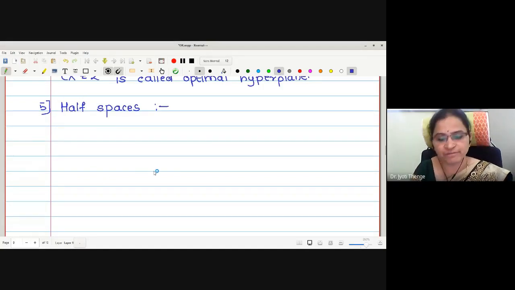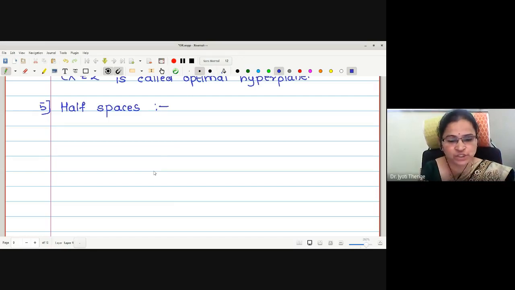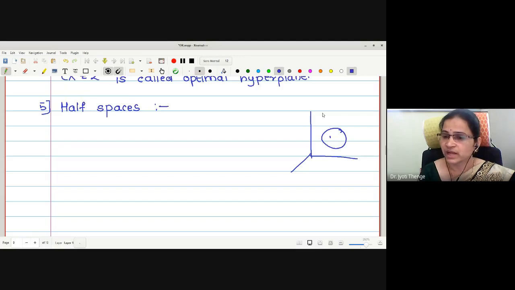Okay, what are half spaces? Actually, due to hyperplanes in n-dimensional spaces, the whole n-dimensional space is divided into three mutually exclusive parts. Suppose for example, in an R3 space, if I draw a sphere, there are three parts of the space we can consider.